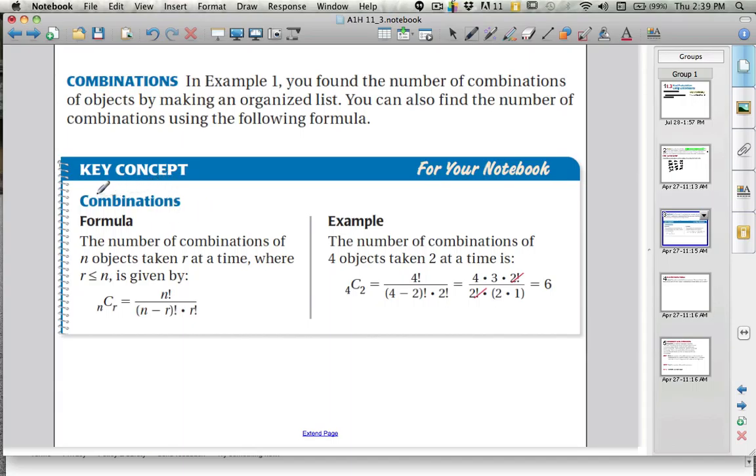And because we're talking about combinations, we use the capital C. This is how we would calculate it: 4 factorial over 4 minus 2 factorial times 2 factorial. Remember, 2 factorial times 2 factorial is not 4 factorial. They're very different. Then we start canceling common factors and we end up with 6, which is what I just showed you.